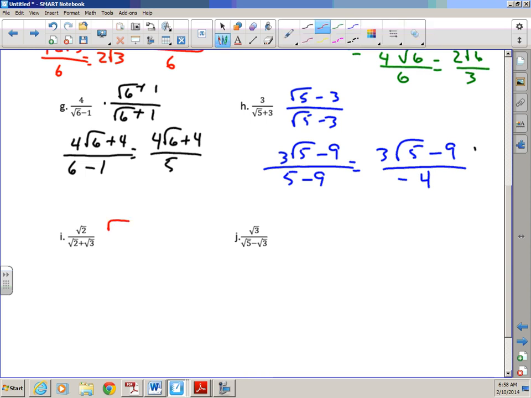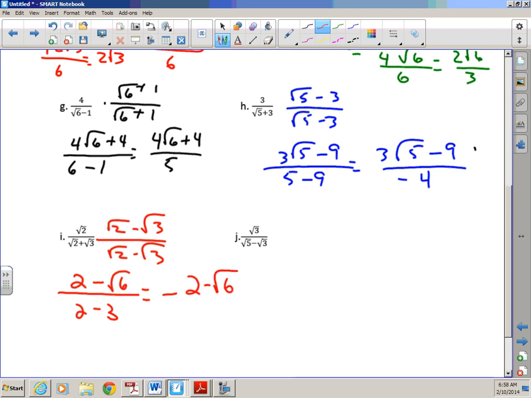Multiplying by radical 2 minus radical 3, I get 2 minus radical 6 over 2 minus 3, or actually, to make it even, 2 minus radical 6 over negative 1, and then I can change that to negative 2 plus radical 6 if you want.